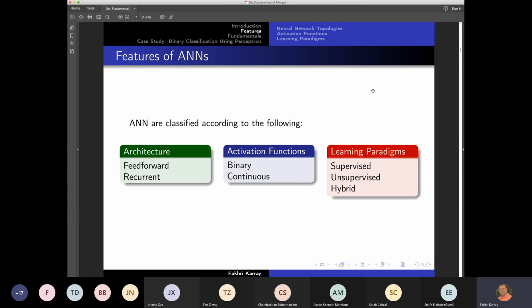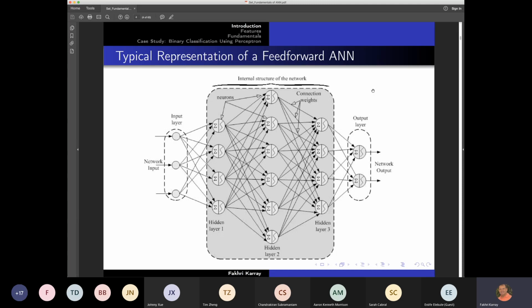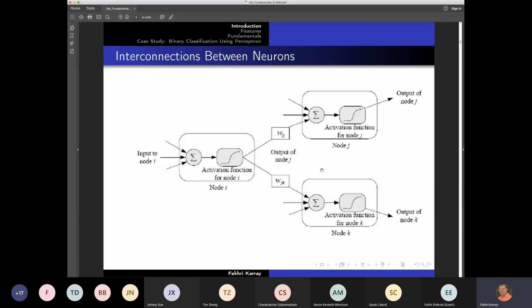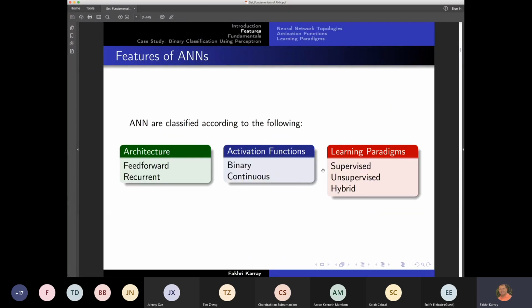So we said that a particular structure, similar to the one in this picture here, has several types of components, and the neural network in general is characterized by the flow of information from the input to the output, whether there is feedback or not, by the topology, which we call topology or architecture or the structure of the neural network. We also discussed the elements that are composing this neural network, namely the activation function. And we are talking today about the learning algorithm. So I will go to that component that we discussed last time.